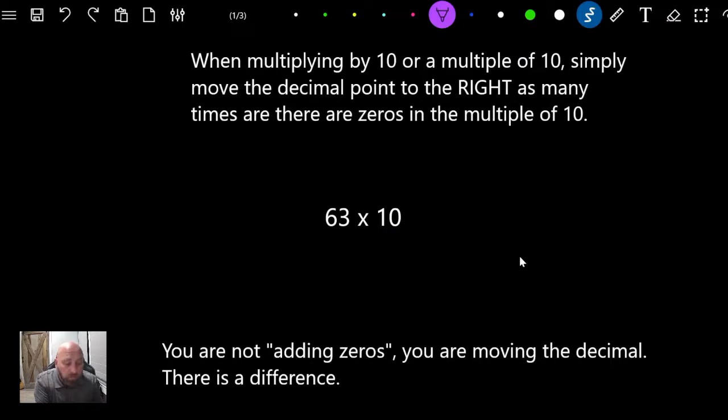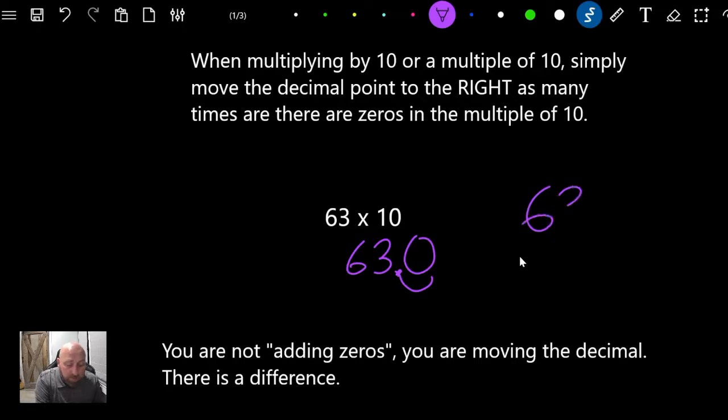So what we are going to do is move the decimal point. Don't just say, I'm just going to add a 0. In this case, it works, right? So if we have 63, and we move our decimal point one place to the right, all we have to do is add a 0.